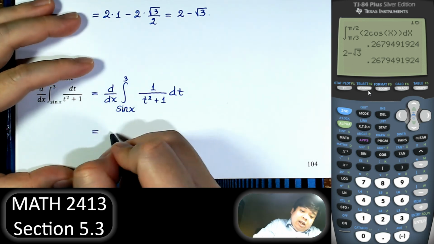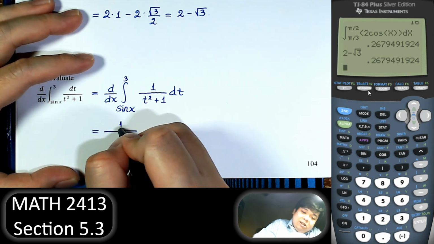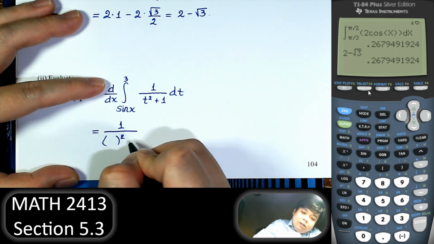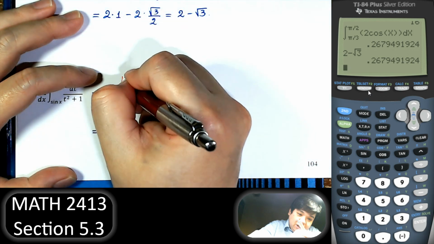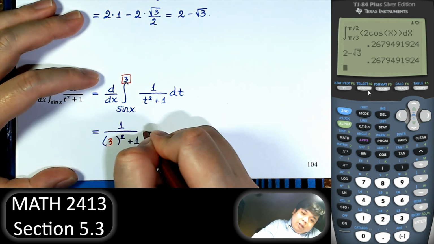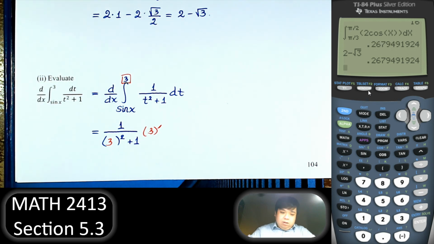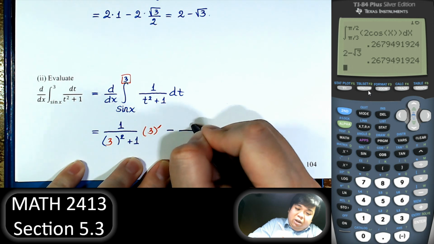And then, by the other fundamental theorem of calculus, replace the variable here with the limit, and then times the derivative of that limit. Same thing for the lower limit.